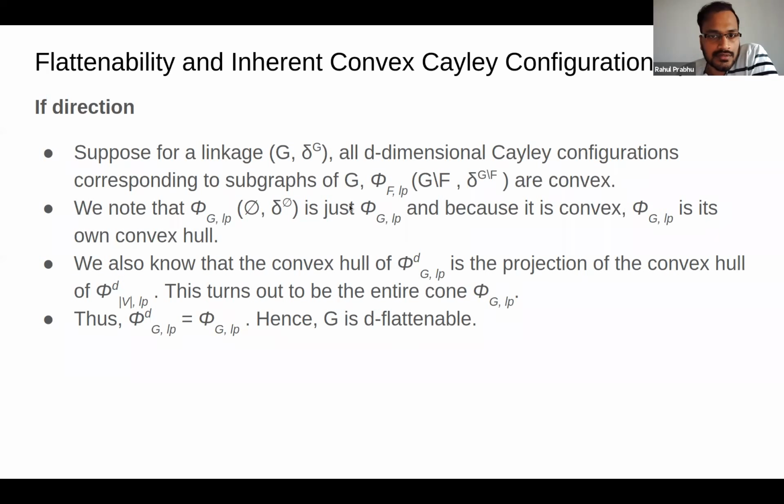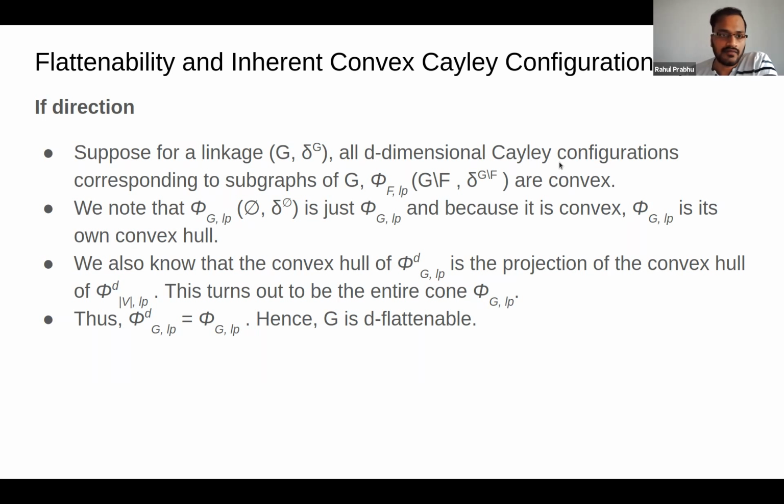So suppose all d-dimensional Cayley configuration spaces corresponding to subgraphs G' of G, minus the non-edges, are convex.